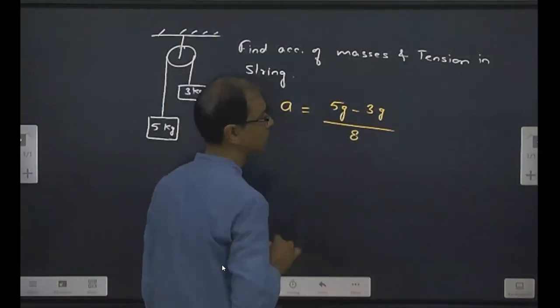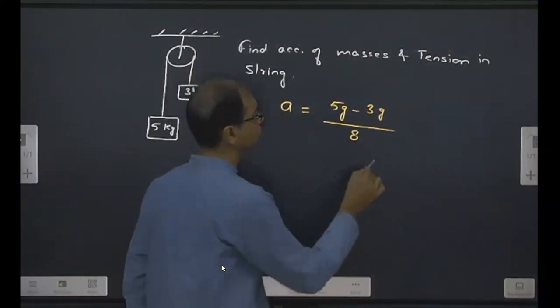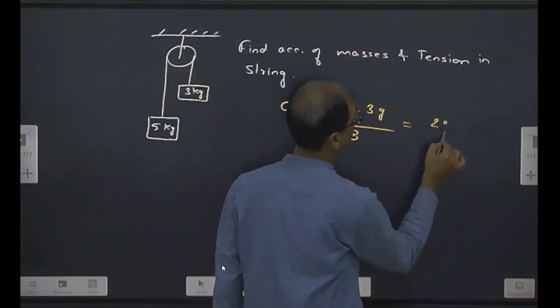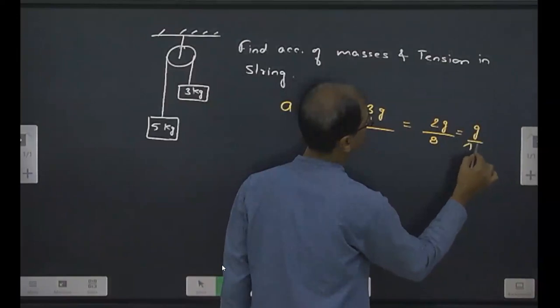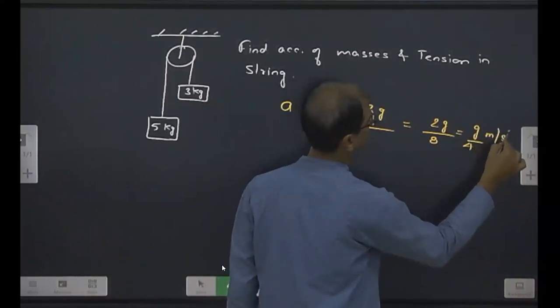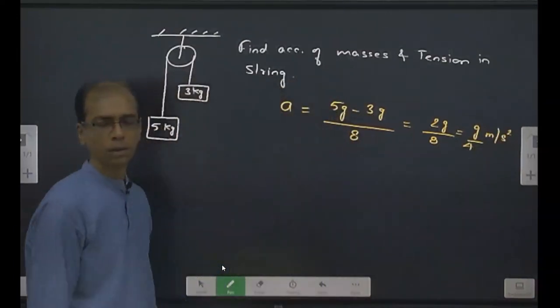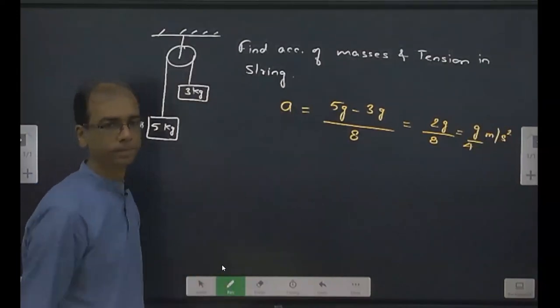So 5g minus 3g means 2g. 2g by 8, or g by 4 meter per second square. This is with the formula.